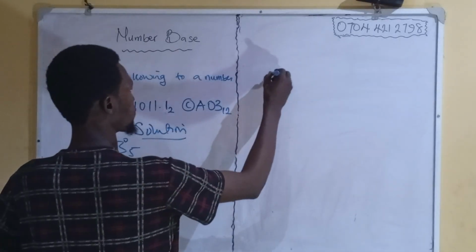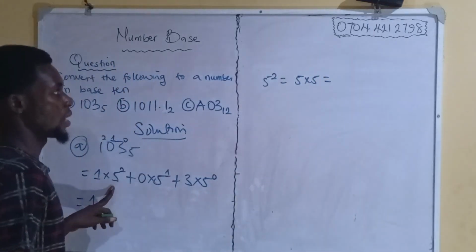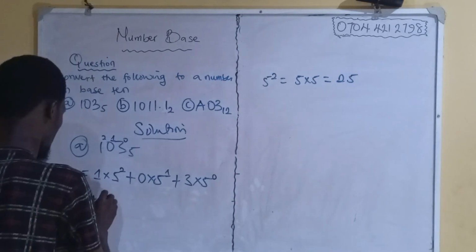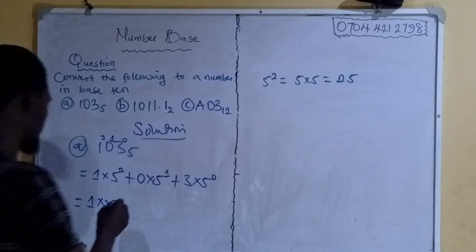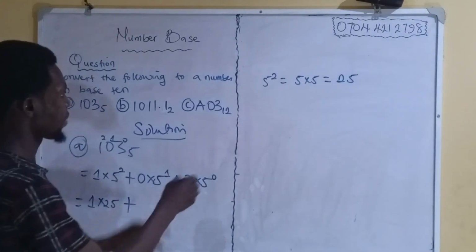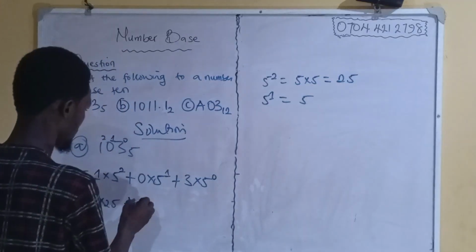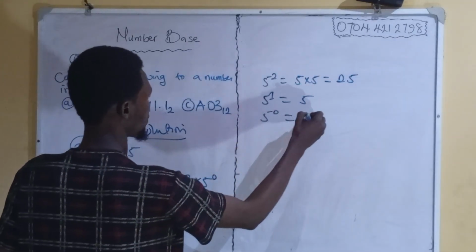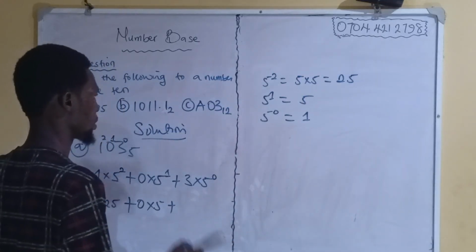5 raised to the power of 2 equals 5 times 5, which is 25. So over here, you have 1 times 25. Then for the other one, 5 raised to the power of 1 is 5, so you have 0 times 5. And 5 raised to the power of 0 is 1. Anything raised to the power of 0 except 0 is 1.